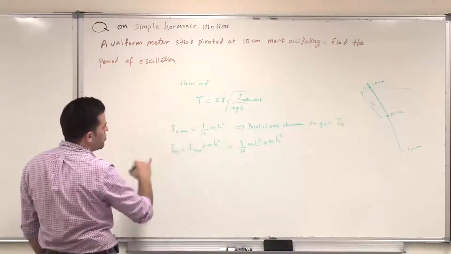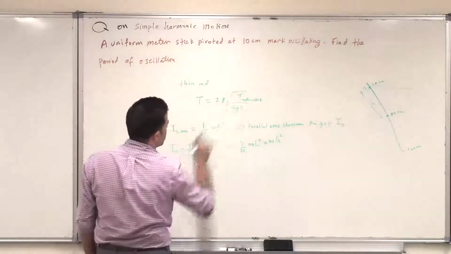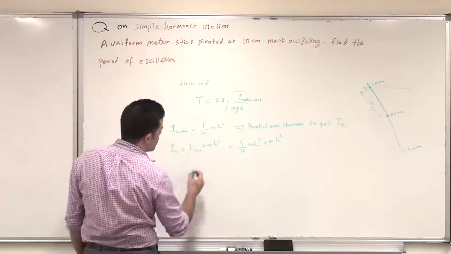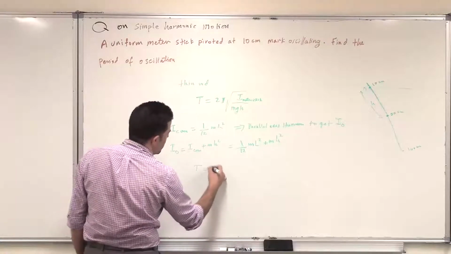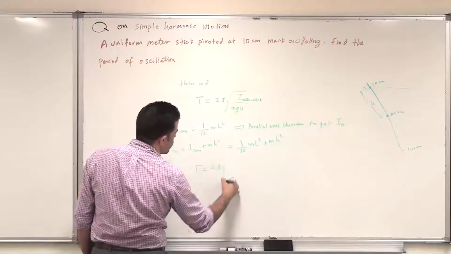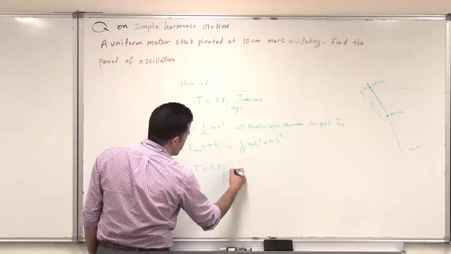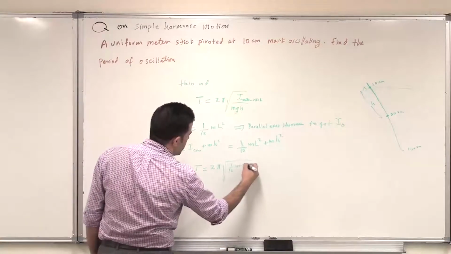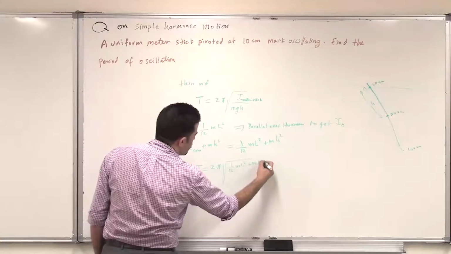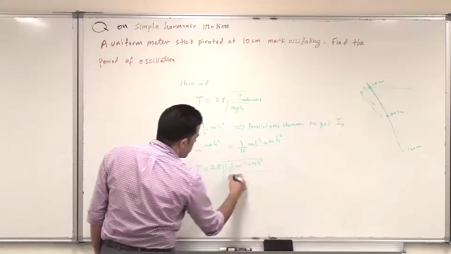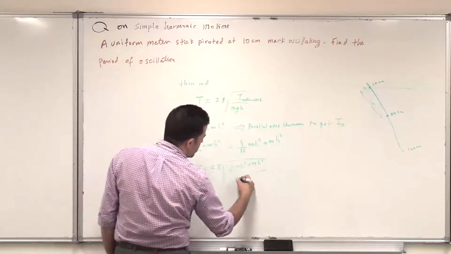Now we can substitute this result for the rotational inertia of the meter stick in the period T equal 2 pi square root of (1/12 ml square plus mh square) divided by mgh.